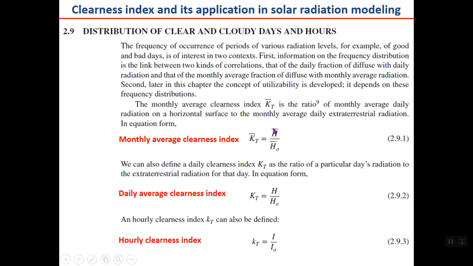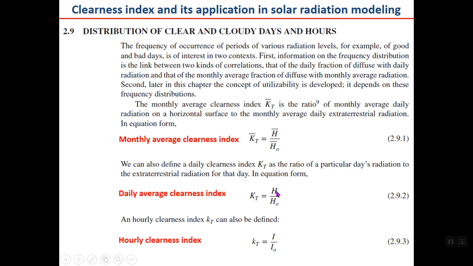Generally, there are two cases possible. The first case is where you don't have KT and want to find KT for any specific location. Okay, let me explain. For example, you want to calculate KT for any specific day of the year for a specific location.